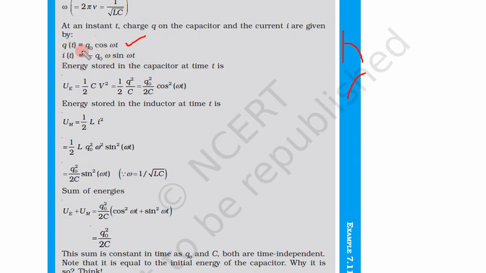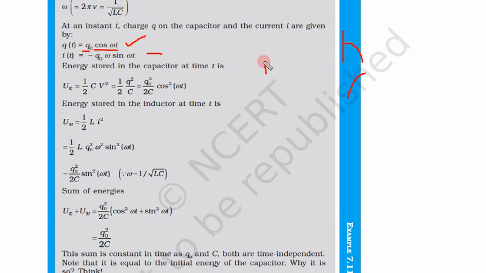Also we can get this equation by simply differentiating the charge. If we differentiate the charge with respect to time, what do we get? Charge is Q0, this is the maximum charge, very similar to amplitude, and this is a cos function because it is decaying.